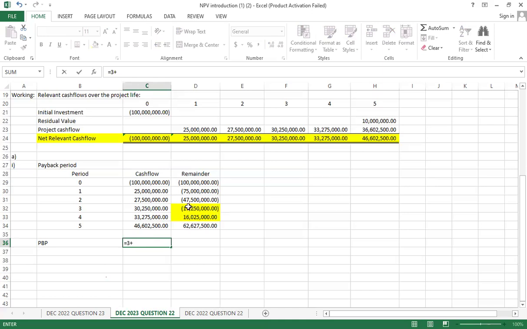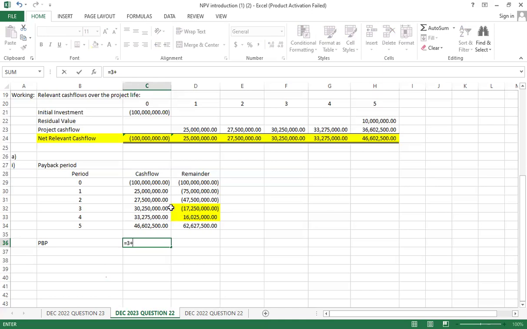At the end of year 3, you have remained with 17 million. That's what you recover in year 4, when in year 4 the cash flow is 33 million. So the part of year 4 that you need is this 17 that remains divided by the cash flow for year 4, which is this 33.